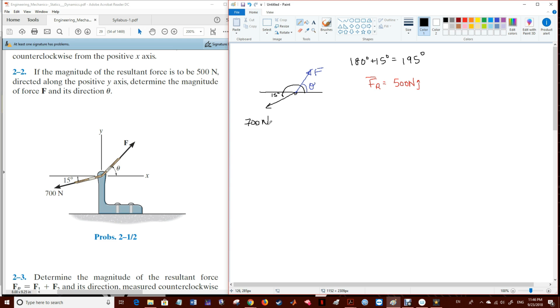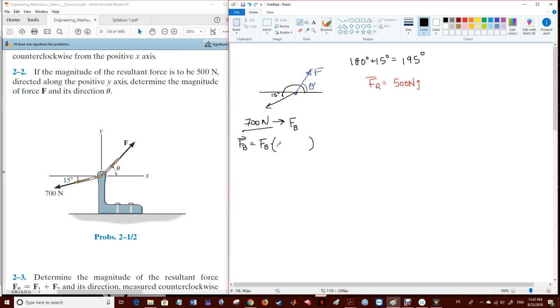So what we should do is find out what is the actual force value of this 700 newtons in its component form. Now this 700 newtons is the magnitude of the force, and let's call this force B just to give it a certain identity. We could write this force vector as the magnitude of the force times whatever unit vector it contains. For an angle 15 like this, what we actually need is the angle made with the x-axis.